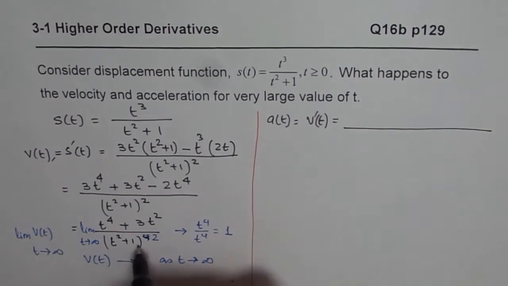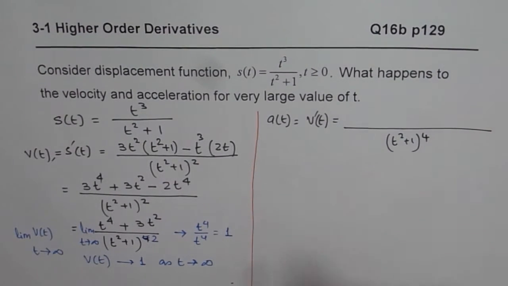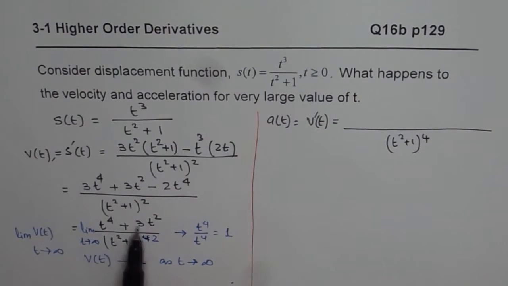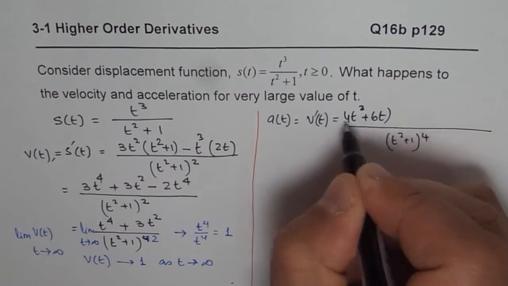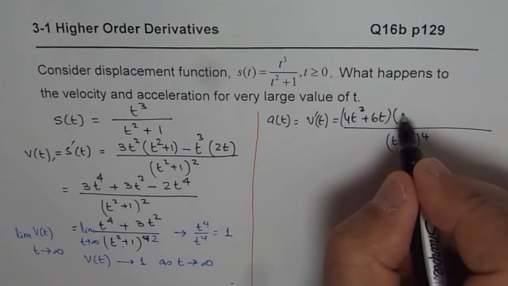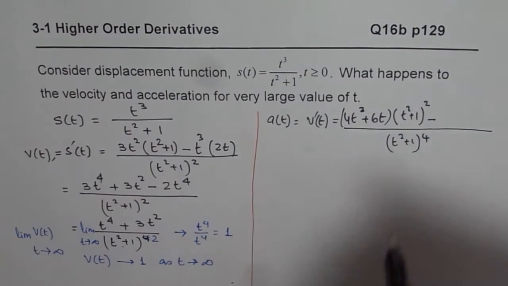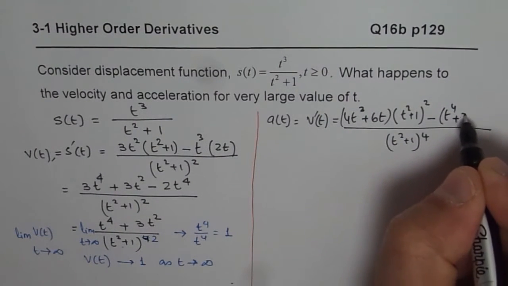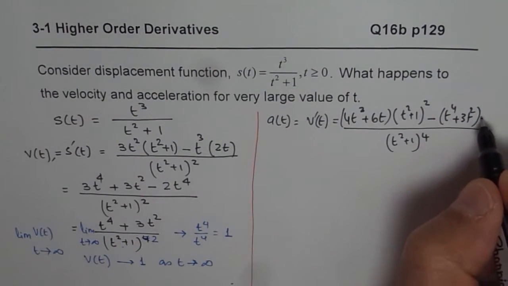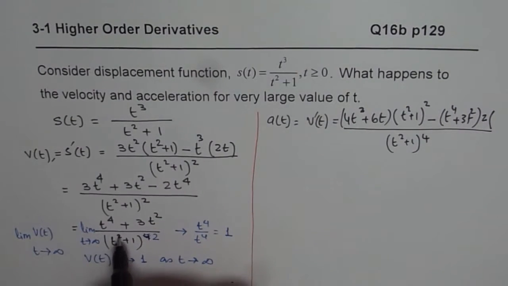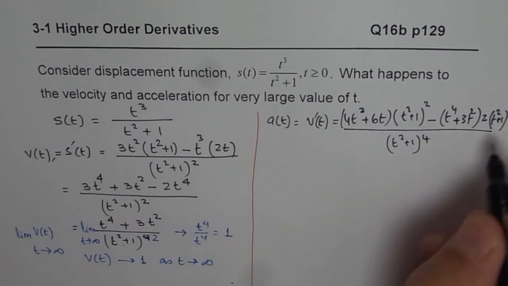So we have the square of the denominator, which is t squared plus 1 whole squared, makes it to the power of 4. The derivative of the numerator, which is 4t cubed plus 6t, times the denominator t squared plus 1 whole squared, minus the numerator, which is t to the power of 4 plus 3t squared, times the derivative of the denominator, which is 2 times t squared plus 1 times 2t, the derivative of the inside function.